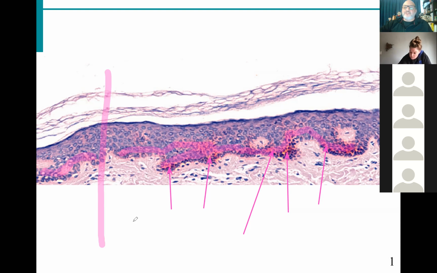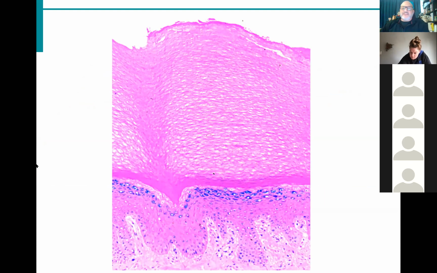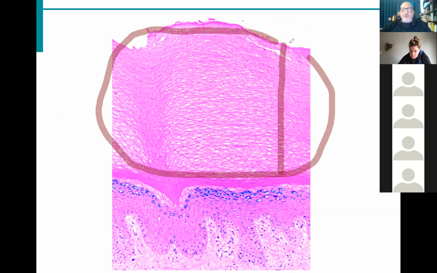Now, this happens to be thin skin like you would find on your forearm. This is what the skin on the bottom of your foot looks like. Notice here we have a much more massive layer of dead flattened cells, hundreds of layers of dead flattened cells. But notice, not a nucleus in this anywhere.